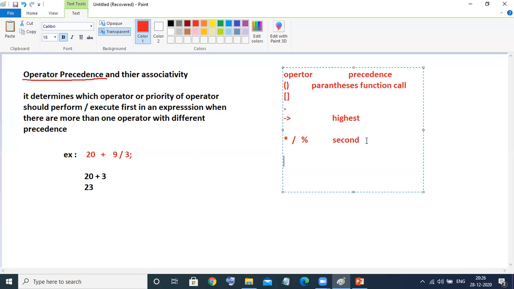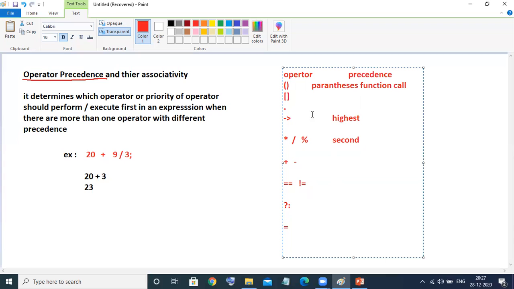After that, the plus and minus operators, which have the same precedence. Likewise, there are operators like equal to, not equal to, the conditional operator, and whatever operators are available in the programming language come according to this precedence only, like the assignment operator.